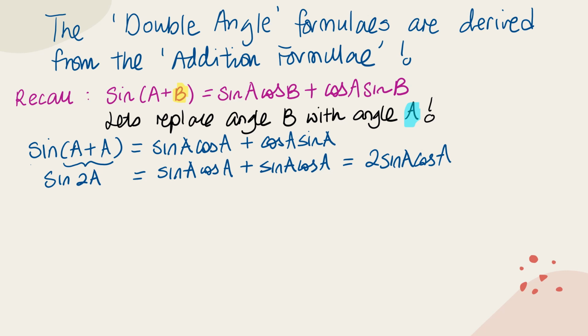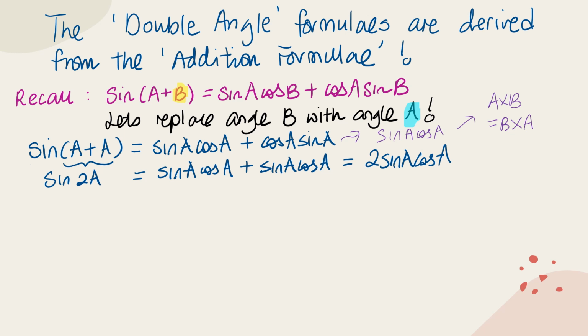Cos A sine A, you can write it as sine A cos A. How is that possible? We can just use this example to illustrate it. If you have A times B, the result you get would be the same as B times A. This is called the commutative law.